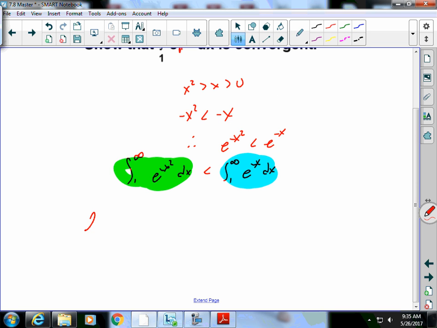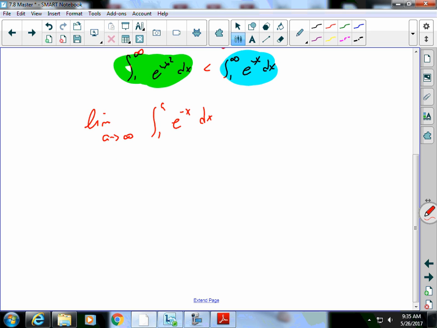So I'm going to look at the limit as a approaches infinity of the integral from 1 to a of e to the minus x dx. When I integrate that, I get the limit as a approaches infinity of negative e to the minus x, from 1 to a.